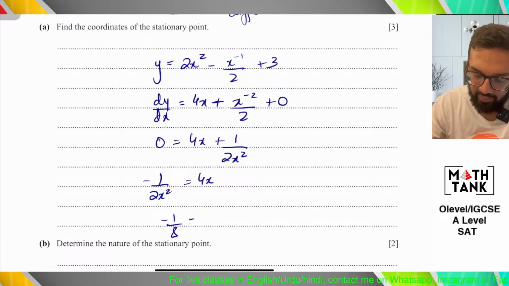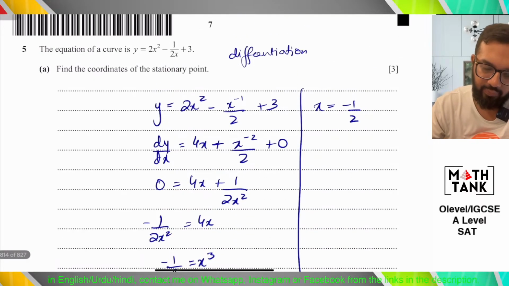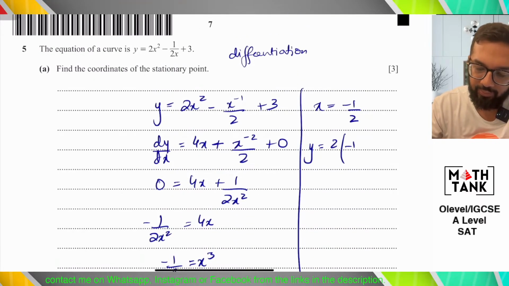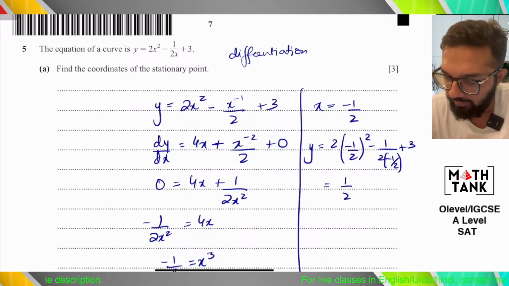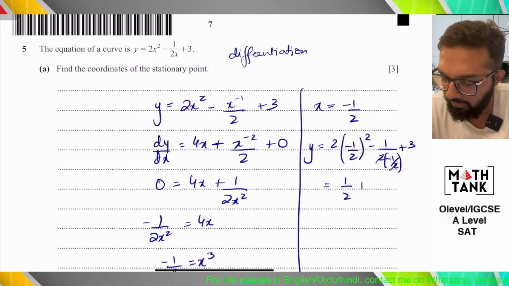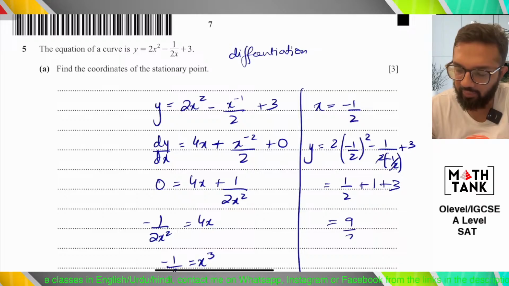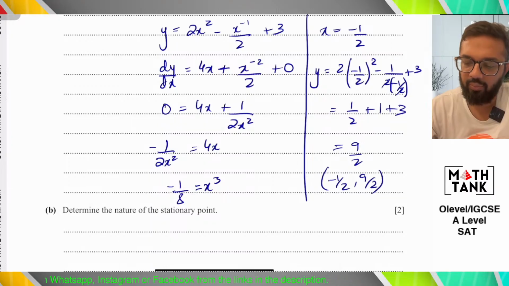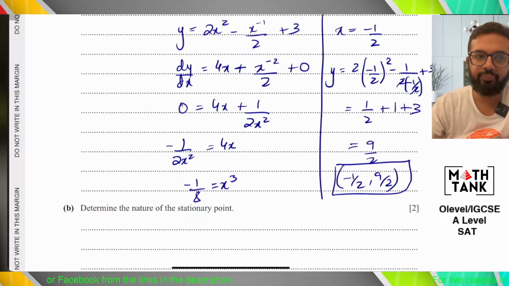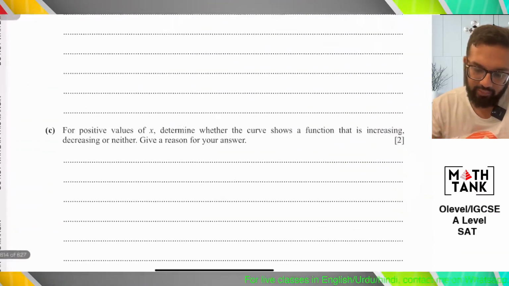So minus 1 over 8 equals to x cubed. X is therefore equals to minus half. Y equals to 2 times minus half squared minus 2 into minus half plus 3. So that's half plus 1 plus 3, 4.5. So minus 1 over 2 comma 4.5. That should be the answer. Check. Yeah, that is the correct answer.